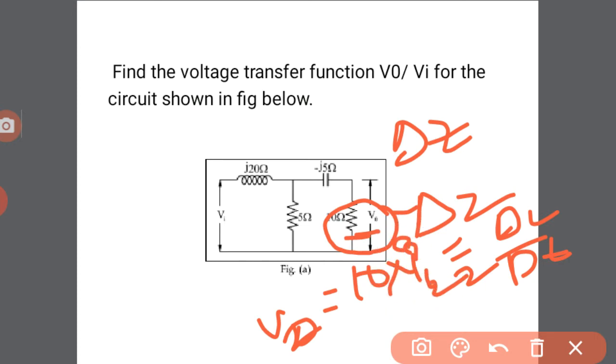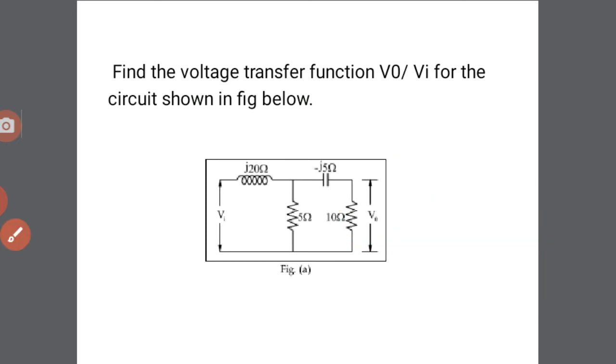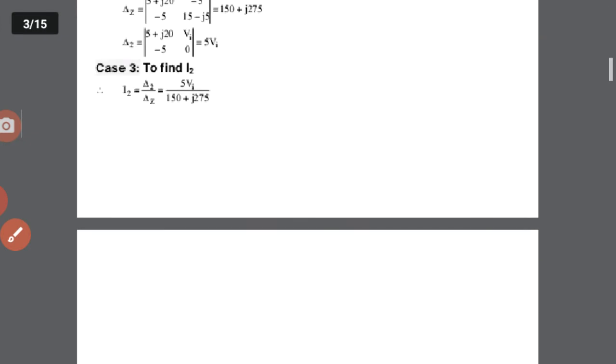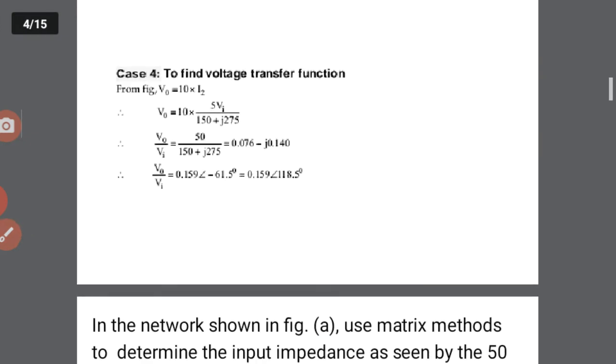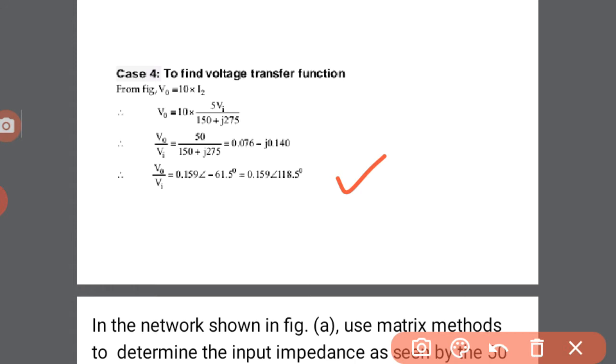From these equations the ratio V0 by Vi is 0.159 angle minus 61.5 degrees. In this way you can find the transfer function by using the mesh current method.